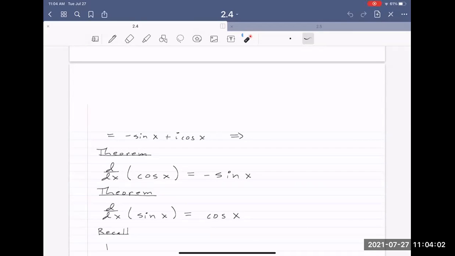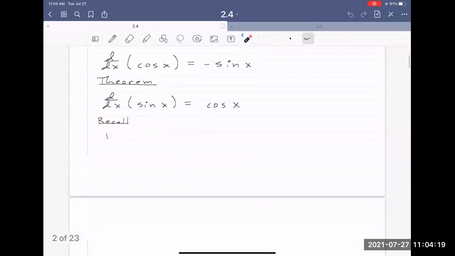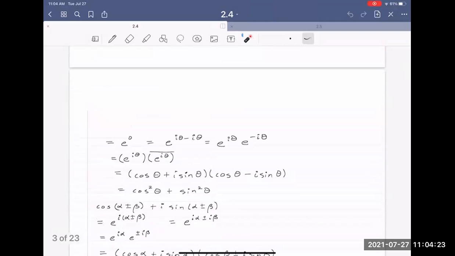Next, just because I'm bored, let's derive a whole bunch of formulas of trigonometry in the next minute. So first, let's recall that 1 is equal to e to the 0.